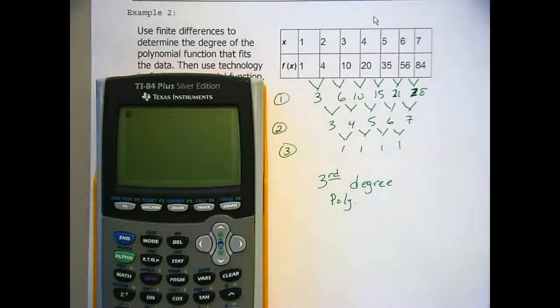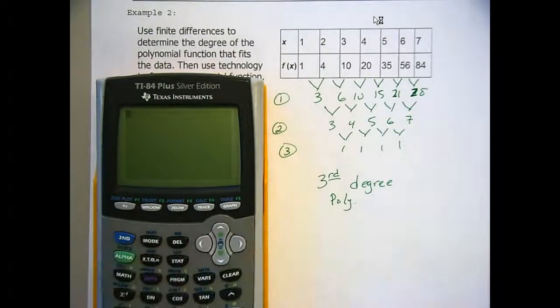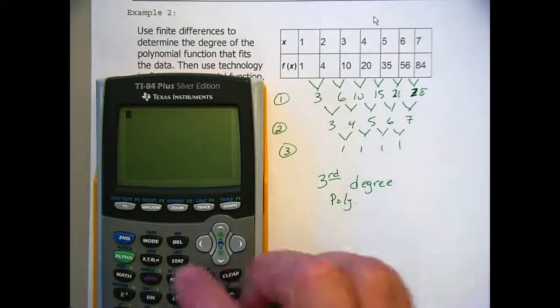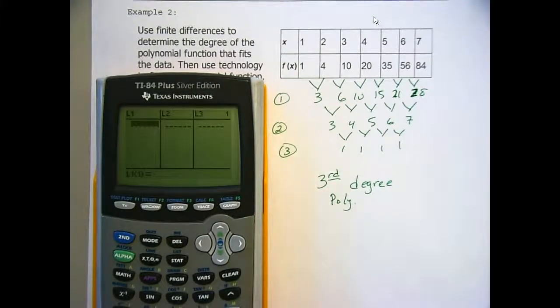Okay. Where do we go to? Even though it says list, we don't actually push second list. That's weird. It's just stat. Stat, option 1, edit, and we enter our list. First list is going to be x.